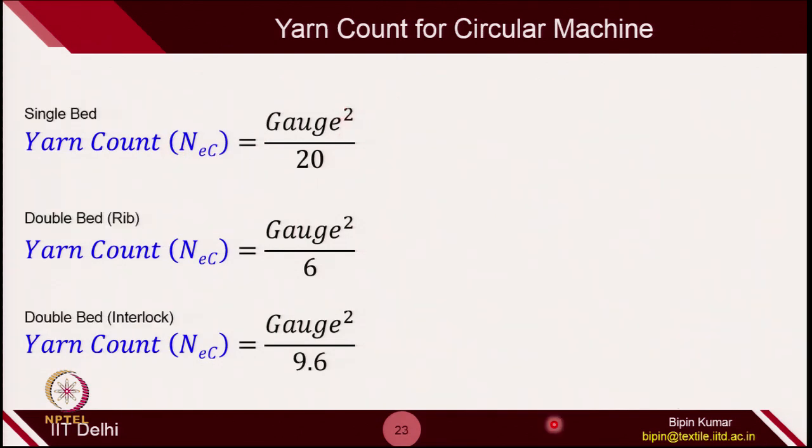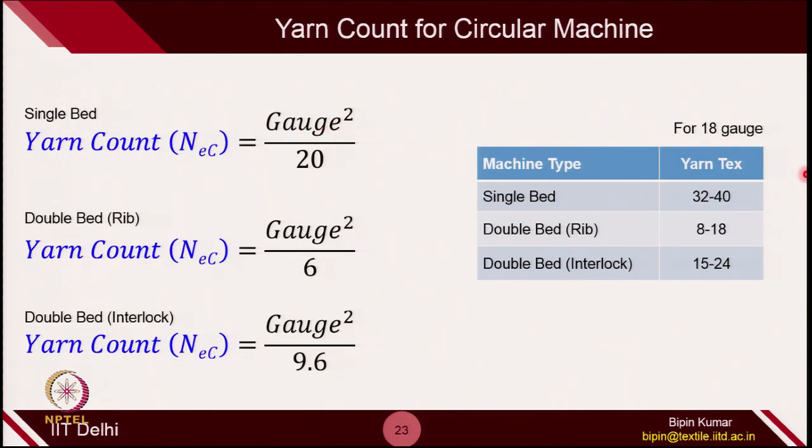So, if you use this formula and based on the knitting experience, these are some of the yarn counts in tex which are found suitable for single bed, double bed, interlock and rib machines for 18 gauge. If you have 18 gauge, for single bed you can use 32 to 40.